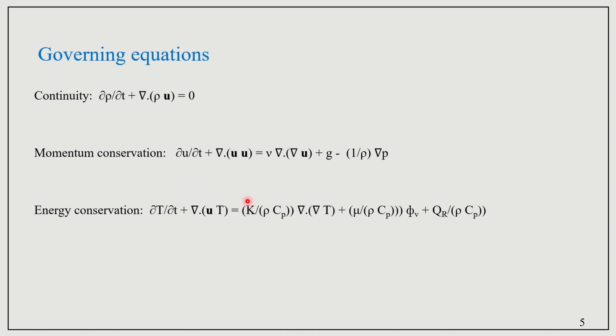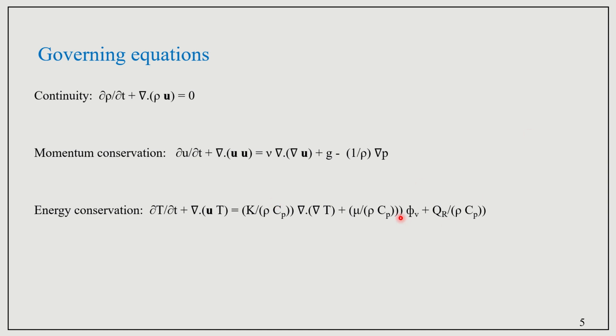So here k denotes the thermal conductivity, and Cp is the specific heat, and del dot delta T plus mu by rho Cp into phi v. Phi v is nothing but the viscous dissipation term, and it is often neglected in heat transfer problems.